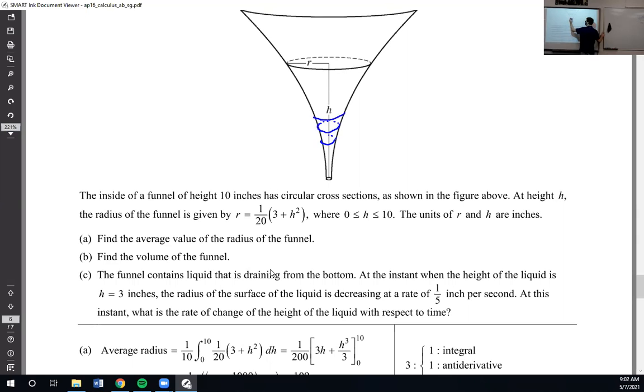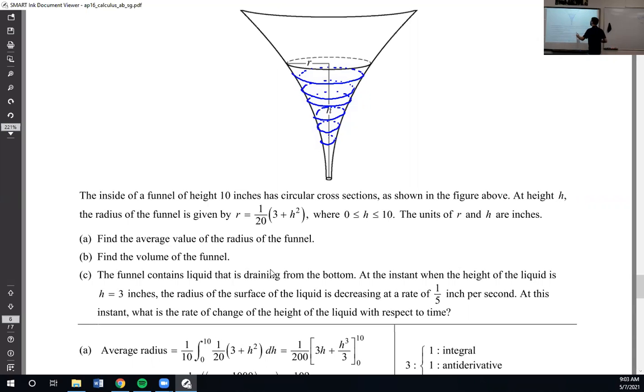You can think of this as a bunch of different circles stacked on top of each other. And so basically what we're doing is accumulating each of those circles, and if I stacked them on top of each other and added them together, then I would be able to figure out what the volume is.